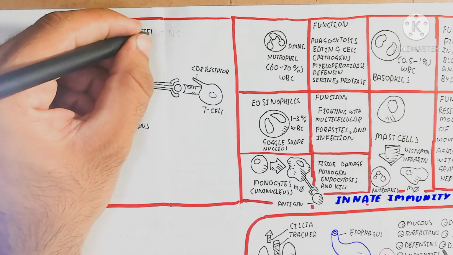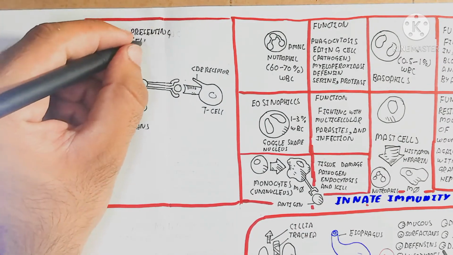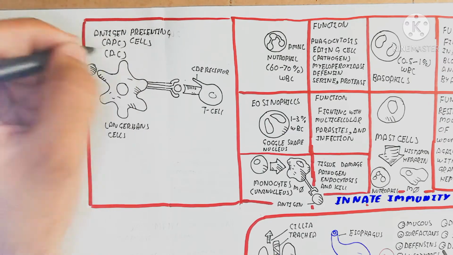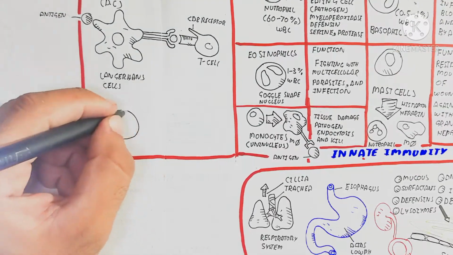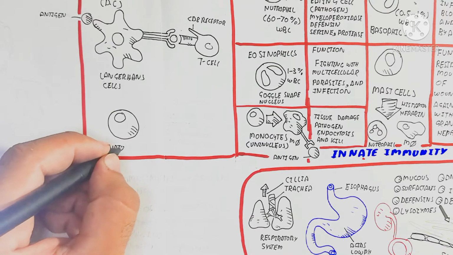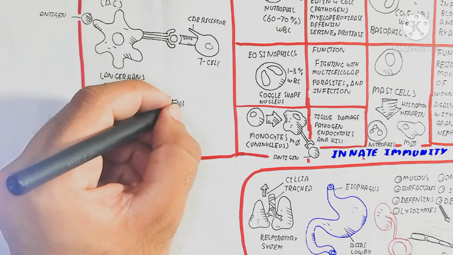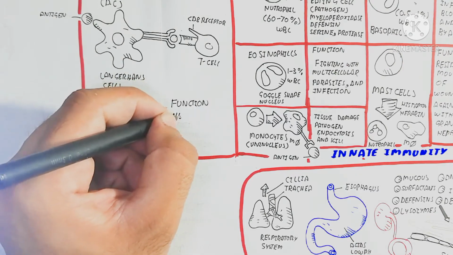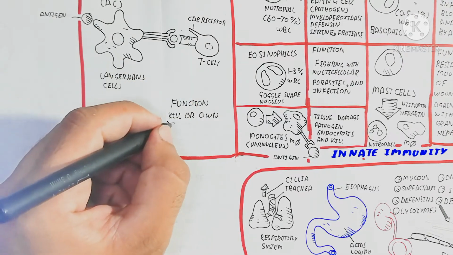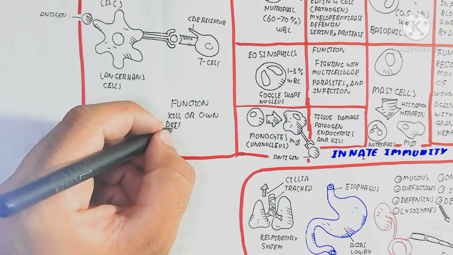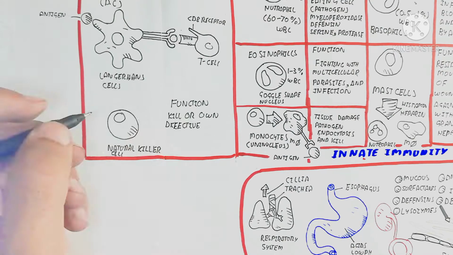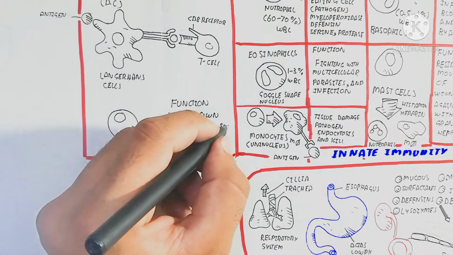The dendritic cell will give the signal to the T cell. The CD8 receptors are present and stimulate the production of chemokine, which attracts the B cell. The B cell produces antibodies against the antigen, and their function is to kill the pathogen.